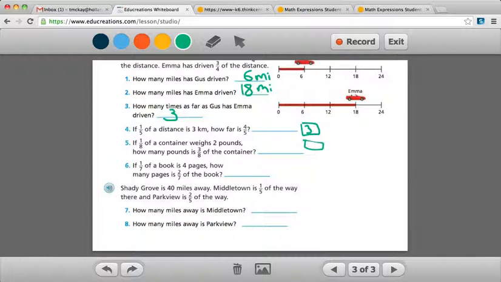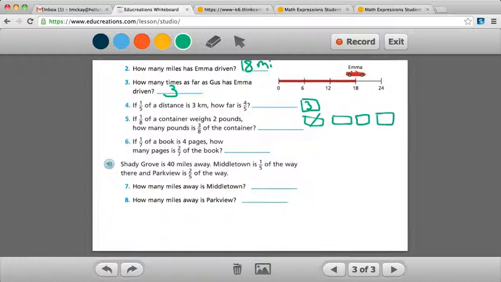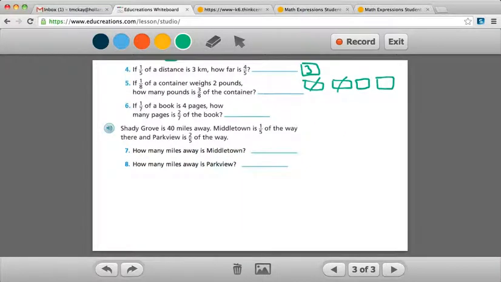Well, if you did 1, 2, 3, 4, and each one of those represented 3. Count with me. 3, 6, 9, and 12. So 4/5 would represent 12.